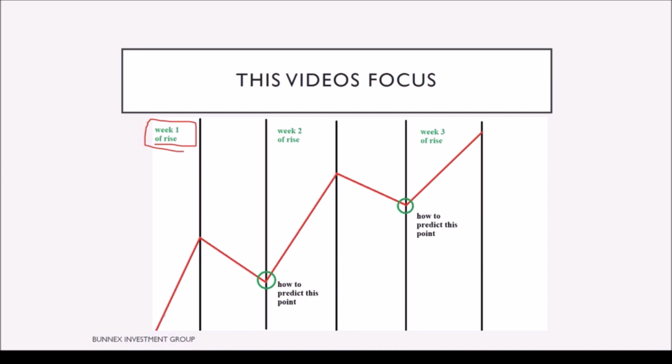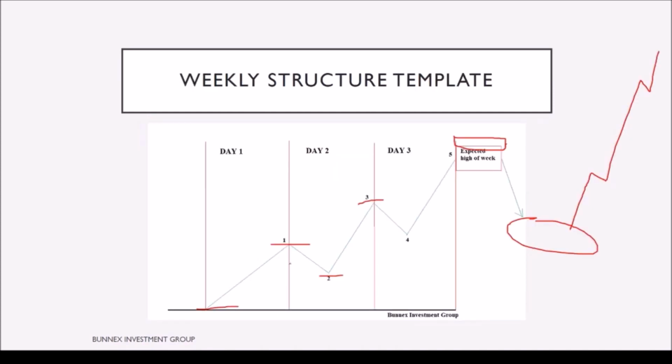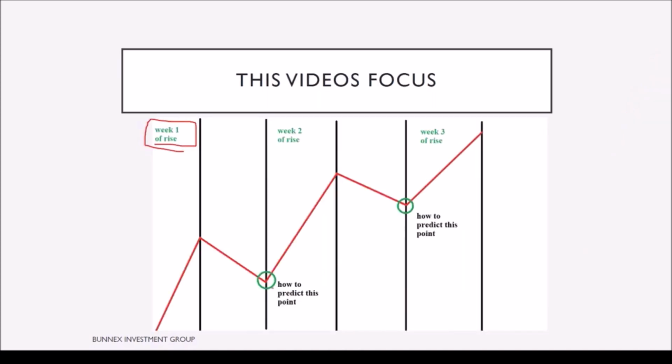In this case, I only drew it as a straight line, but in actual fact, it will have these segments or these waves. After this week of rise, we expect initiation of a second week of rise, like this scenario. So we are going to talk about how to predict this point, whereby we are now initiating another week.